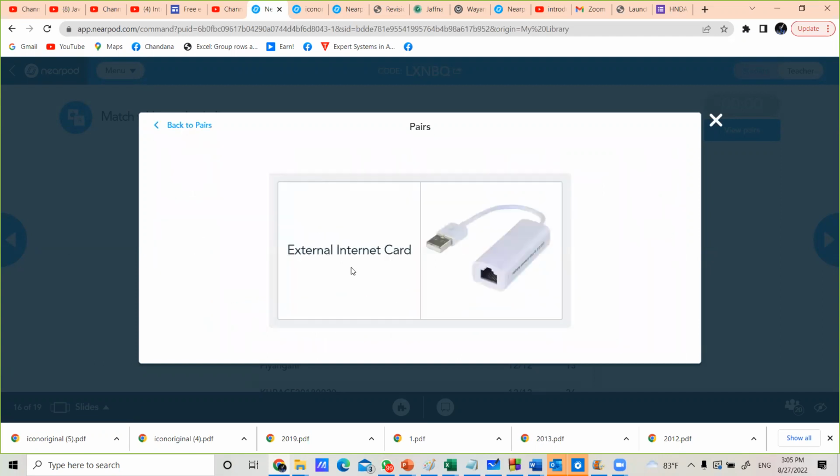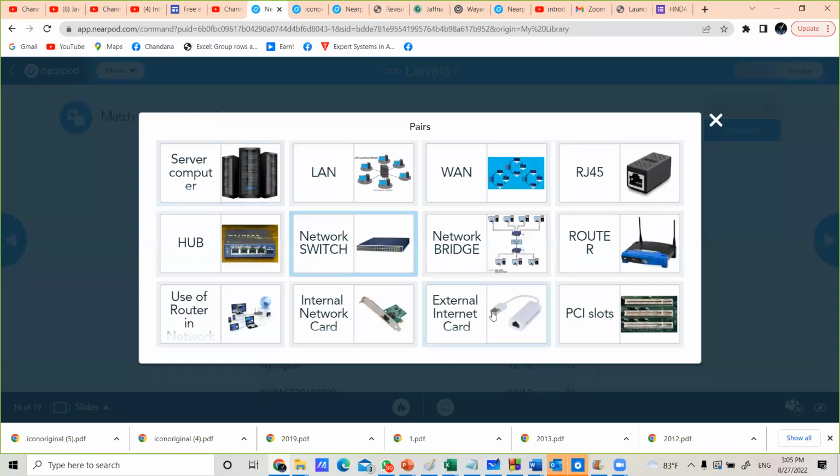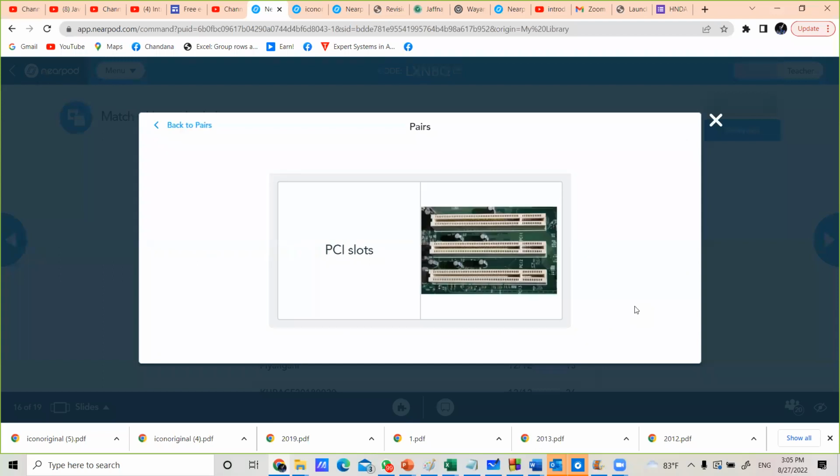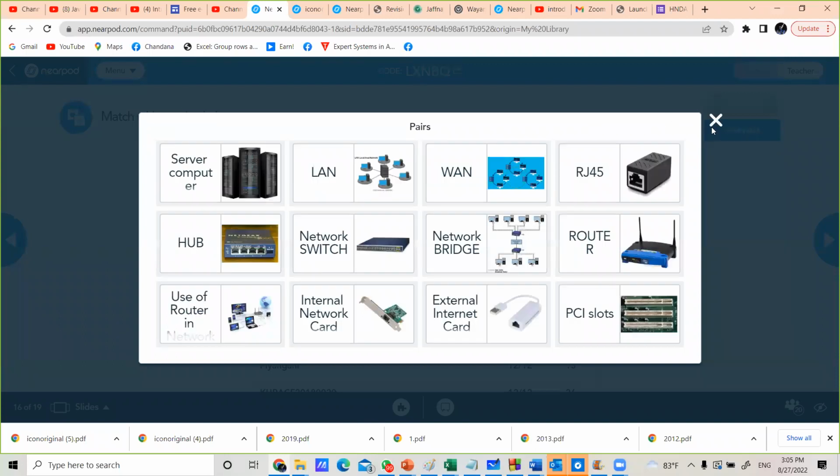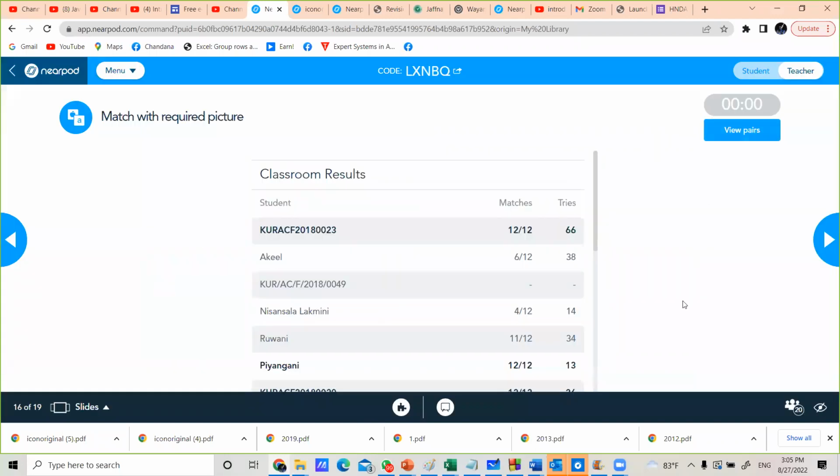This one external. It should be network card, external network card, not internet card. The last one, PCI slots. That way you can finish this activity also.